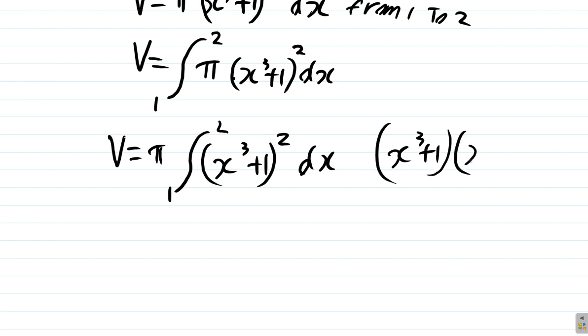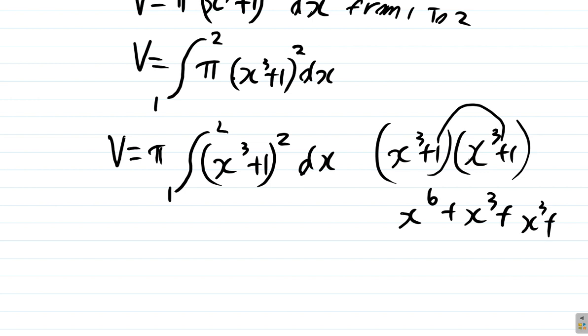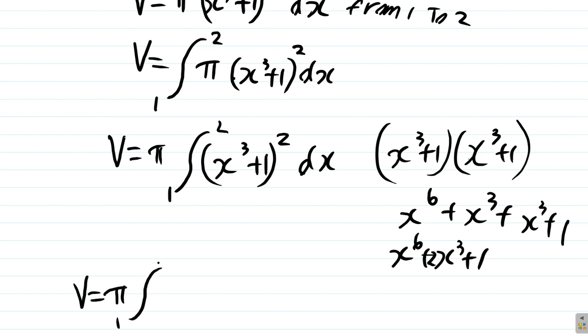It is (x cubed plus 1) times (x cubed plus 1), which is x cubed times x cubed, that's x to the 6, plus x cubed times 1, that's x cubed, plus 1 times x cubed, that's x cubed, plus 1 times 1, and that is just 1. So it's x to the 6 plus 2x cubed plus 1. So the volume is pi times the integral from 1 to 2 of x to the 6 plus 2x cubed plus 1 dx.